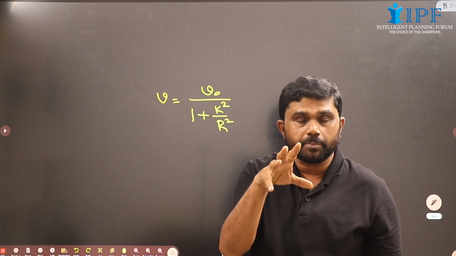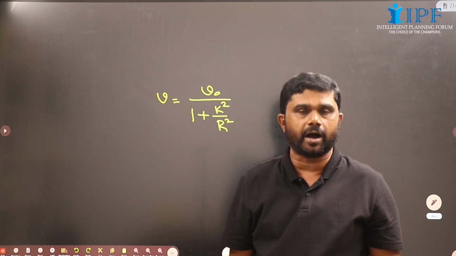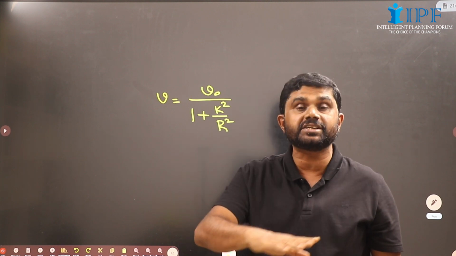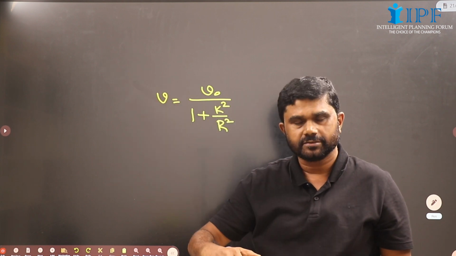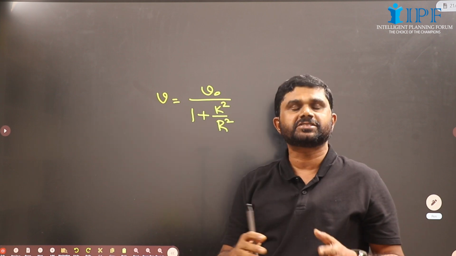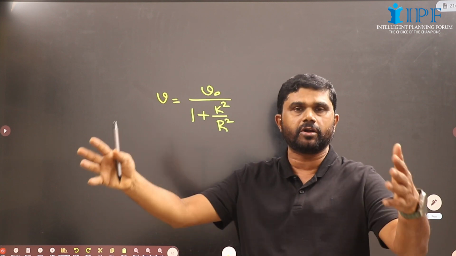So friction provides angular retardation, which will reduce omega, and friction provides linear acceleration, which will increase linear velocity. So omega goes on decreasing and linear velocity v goes on increasing. Again at a certain stage v will become equal to omega r, and the body starts pure rolling.